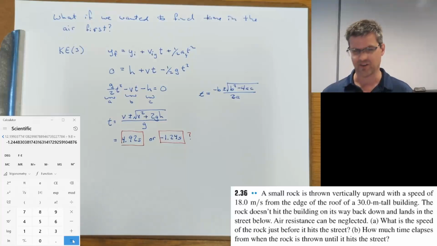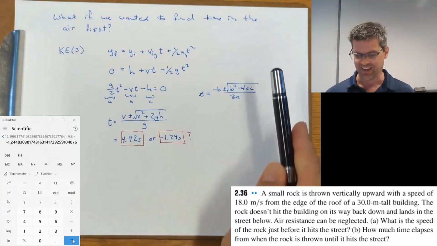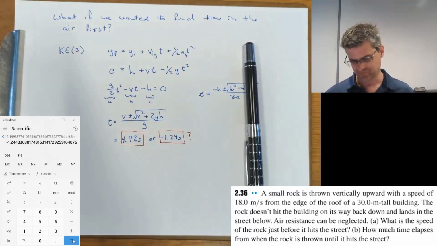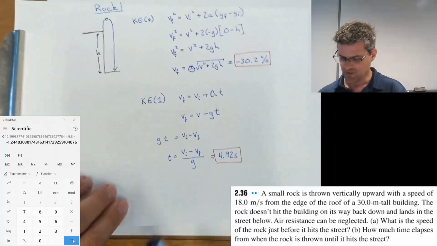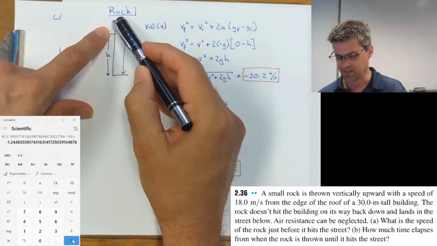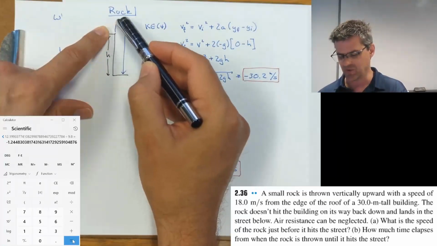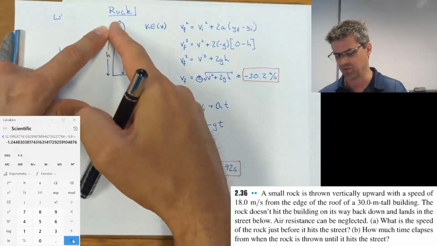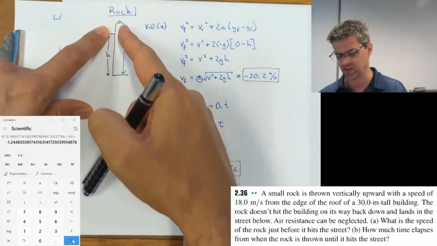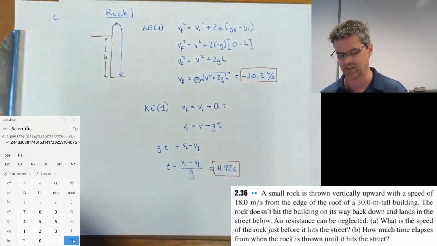It turns out when we started our problem, we were starting at the top of the hill. And we were going through some parabolic motion, but if we go forward in time, we see that the rock goes up and comes back down. It gets down to the ground here.